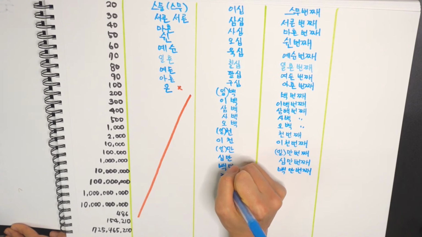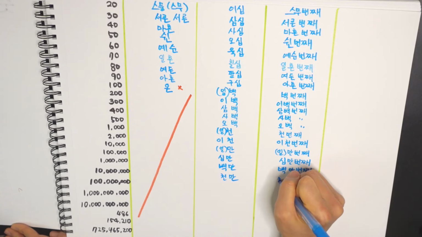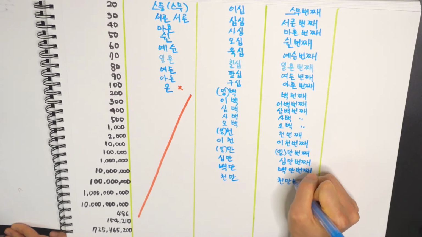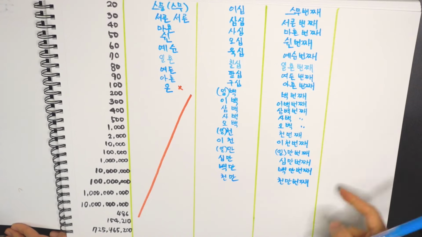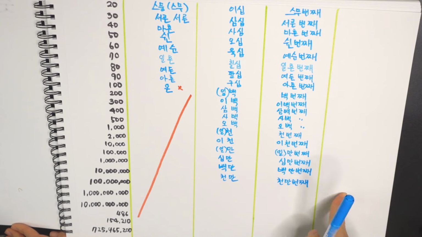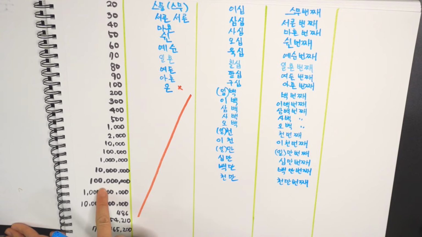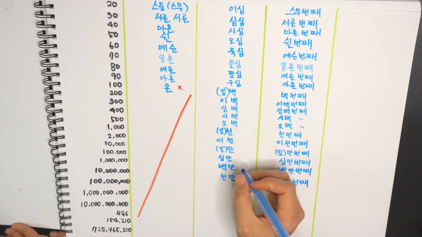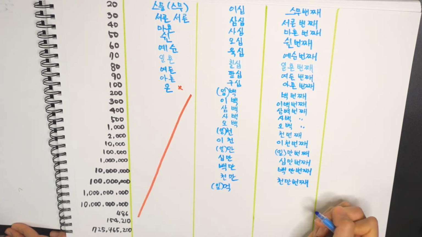So we have 1,000만 and 1,000만번째. And Korean population is about 50 million. So that is 5,000만. Okay? 5,000만.